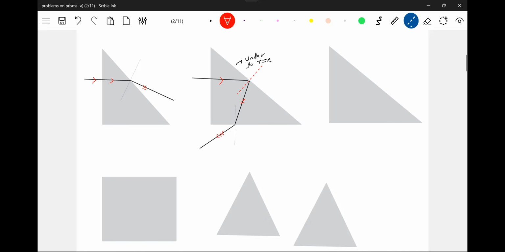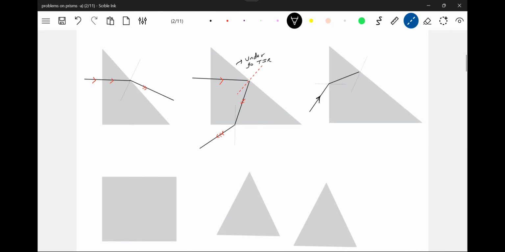And now if a ray is incident, this is a normal. If a ray is incident like this, instead of normal incidence, let's analyze here. The ray moving from rarer to denser should bend towards the normal. Then again it's moving from denser to rarer, so let's draw the normal.